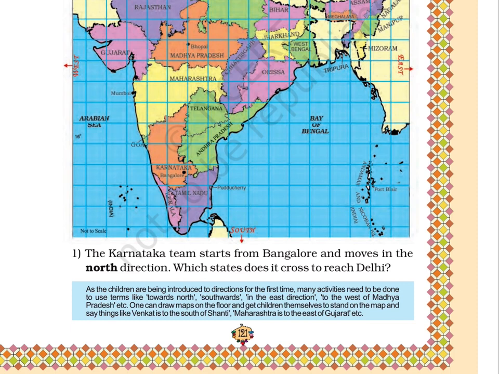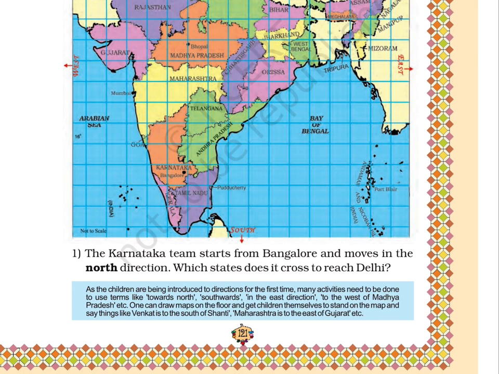For the teacher: as the children are being introduced to directions for the first time, many activities need to be done to use terms like towards north, southwards, in the east direction, to the west of Madhya Pradesh, etc. One can draw maps on the floor and get children themselves to stand on the map and say things like, Venkat is to the south of Shanti, Maharashtra is to the east of Gujarat, etc.